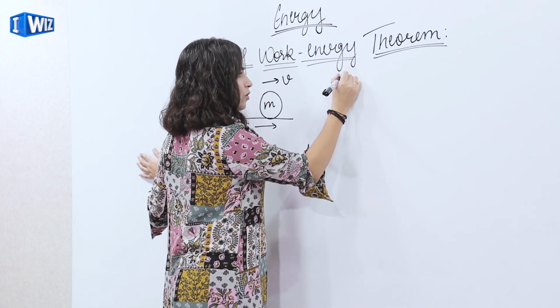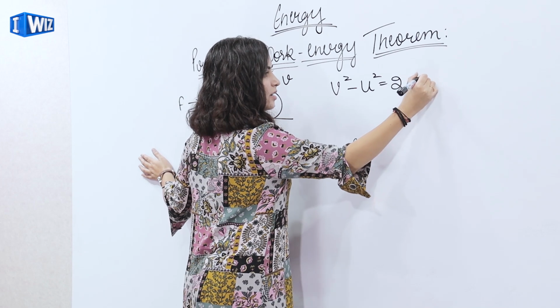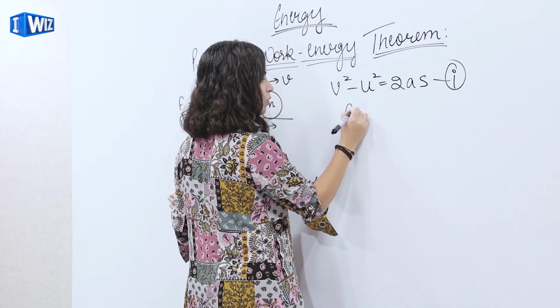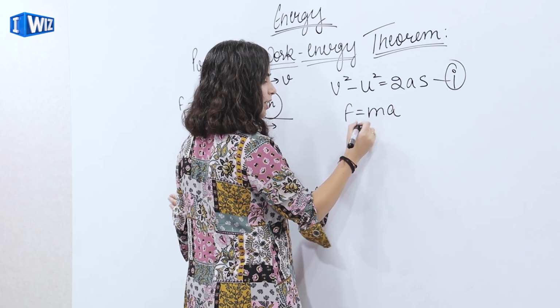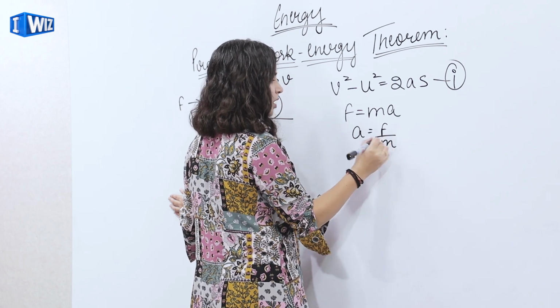Now we know v square minus u square is equal to 2as, equation 1. Also, force is equal to ma, therefore acceleration is equal to F upon m.